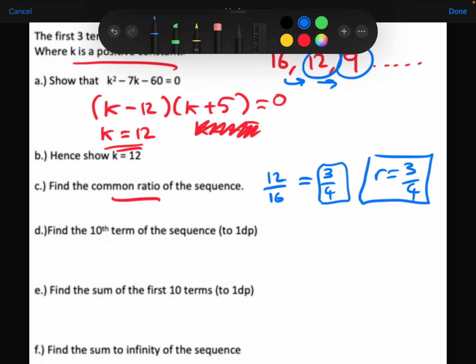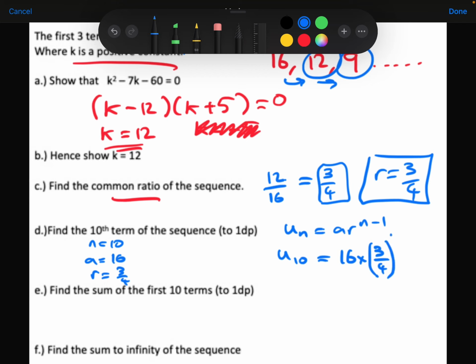Part D, find the 10th term of the sequence. So n is 10. So I know a is 16, r is 3/4, and n is 10. So I can use the nth term formula, which remember looks like this. So the 10th term, U10, would be equal to 16 times r, which is 3/4, to the power of 10 minus 1, or 9.